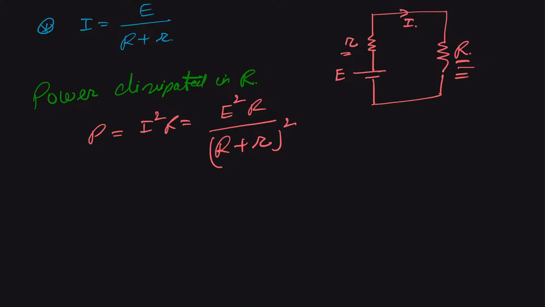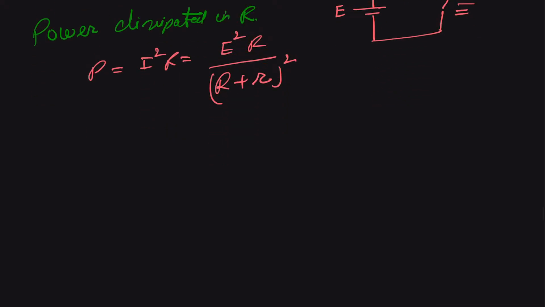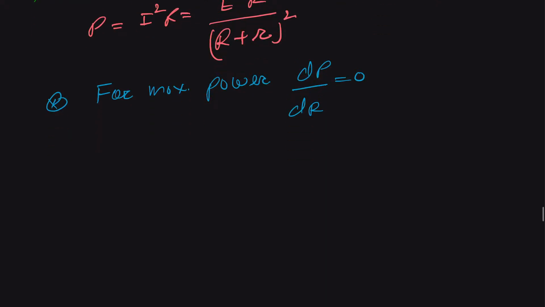For maximum power we can use the derivative method: our dP upon dR should be equal to 0. This differentiation gives us that R is equal to small r. Next question.